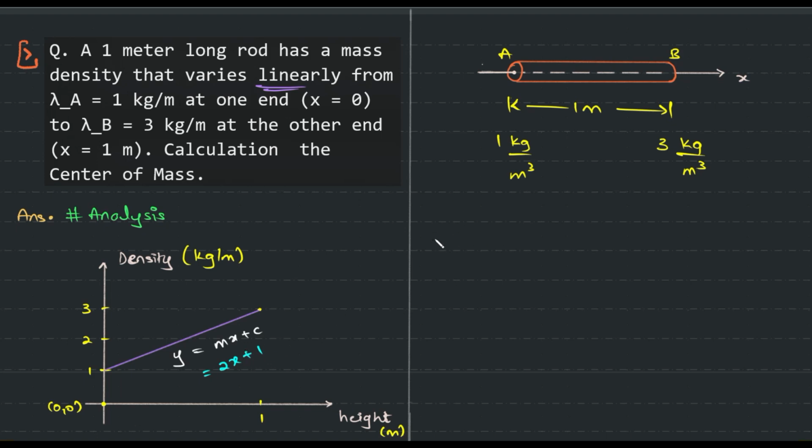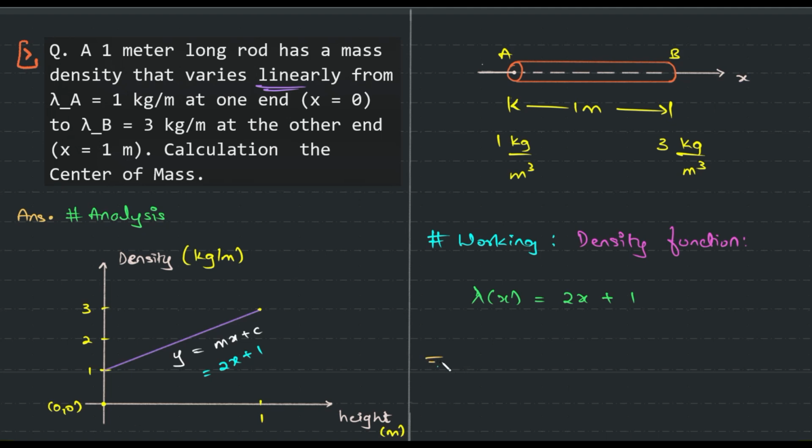Okay guys, so let me do the working. The very first thing is the density function. So lambda with respect to x can be written as 2x plus 1. Why? I already explained.